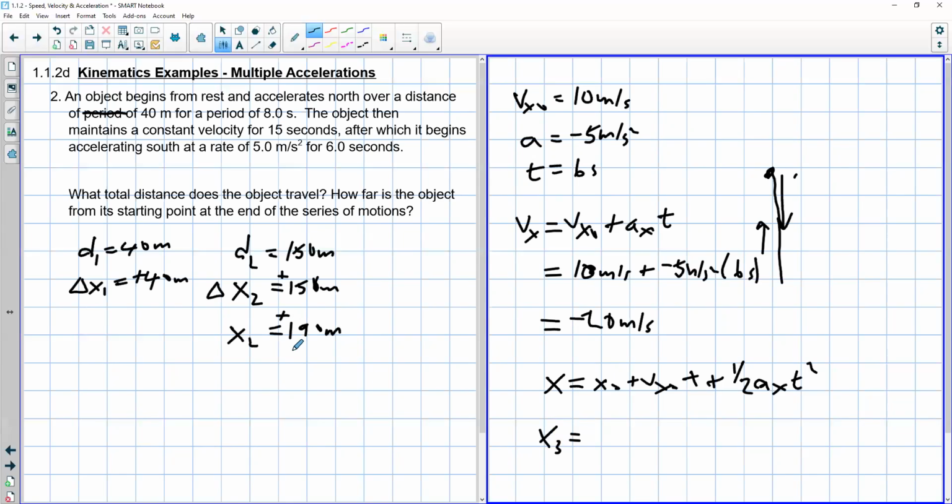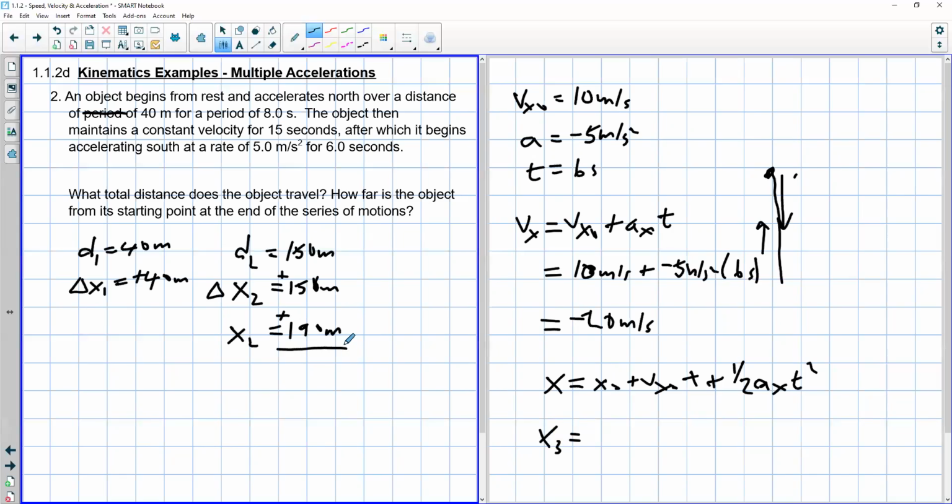Alternatively, I could put in the position at the end of motion 2, and then this would tell me what the position is at the end of the whole series of 3 motions, right? So that's actually kind of cool, right? Let's go ahead and do it that way.